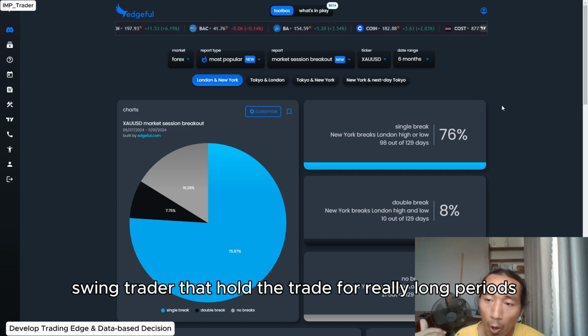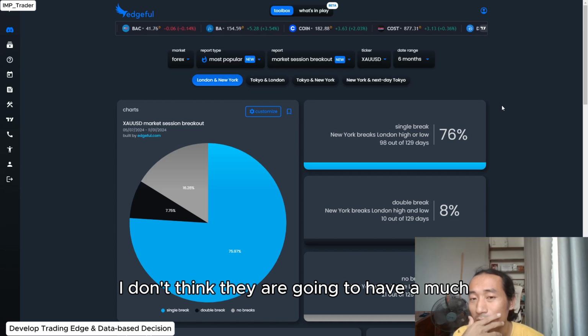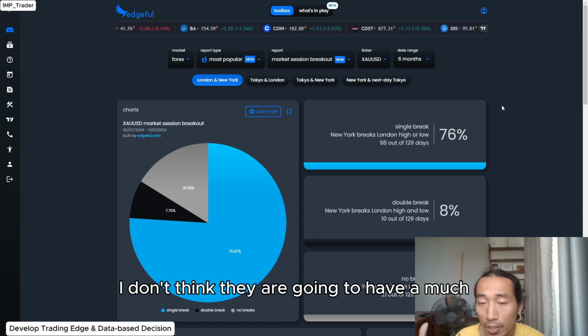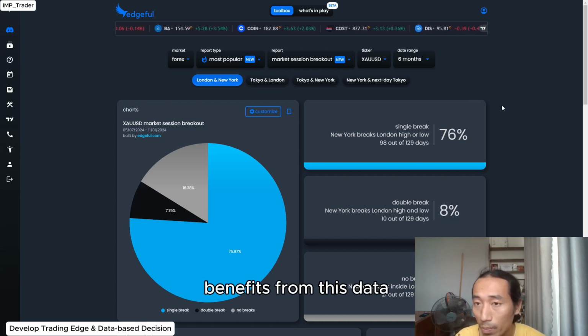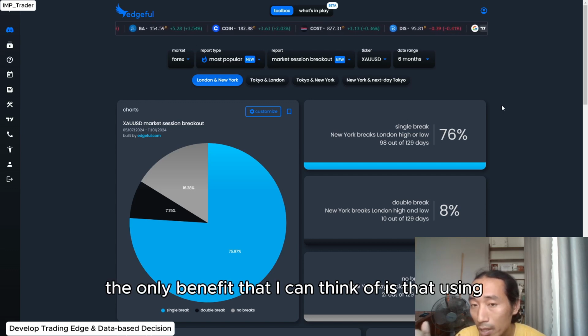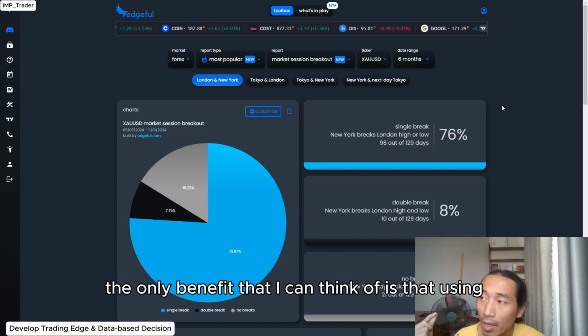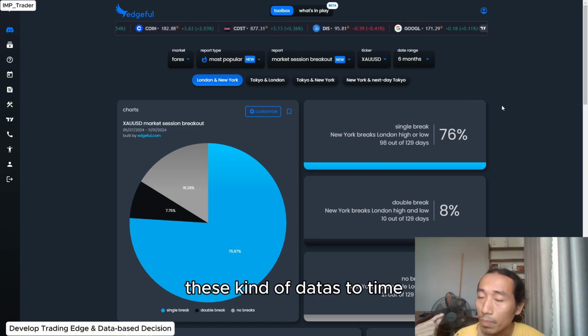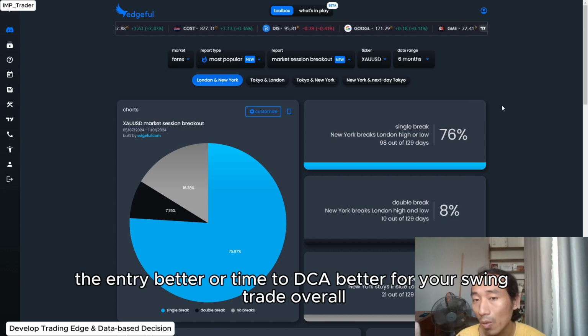A swing trader that holds the trade for really long periods, I don't think they're going to have much benefit from this kind of data. The only benefit I can think of is using this kind of data to time the entry better, or time the DCA better for your swing trade.